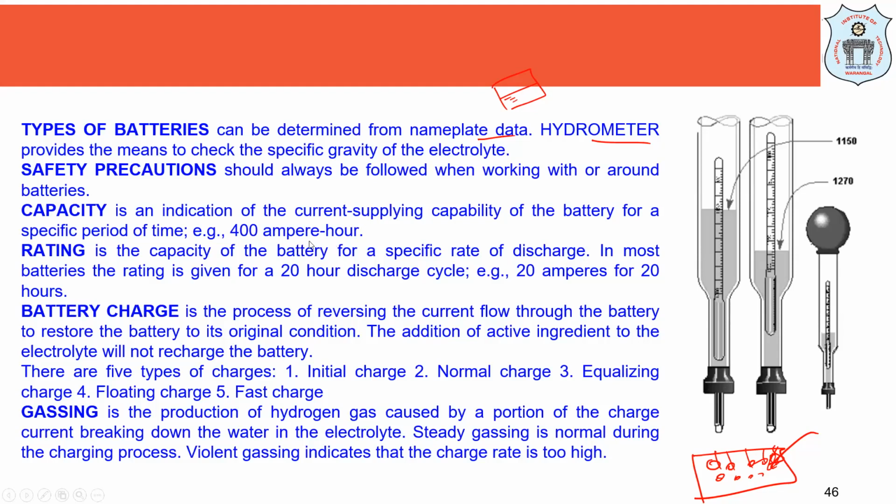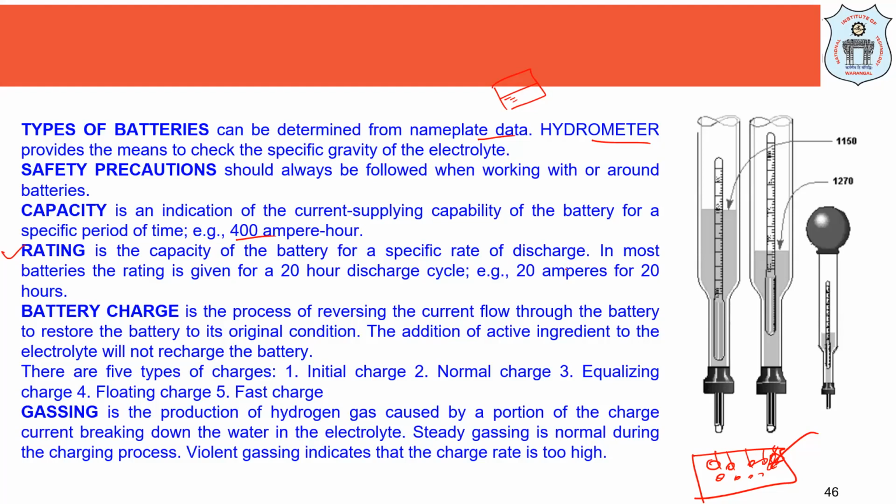Usually it is in ampere hours, how many ampere hours it can give. We talk about 400 ampere hour or 800 ampere hour like that. What is rating? It is the capacity of the battery for a specific rate of discharge. In most batteries, the rating is given for a 20-hour discharge cycle, 20 amperes for 20 hours like that.